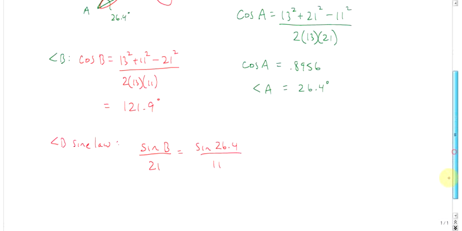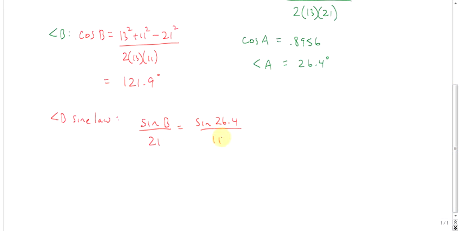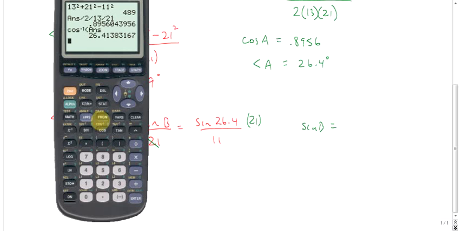How do I solve for that? Let's get rid of 21. You can think cross multiply, but all I've got to do is times 21 to both sides, and it's gone. Okay, so the sine of B is, what is sine 26.4 times 21 divided by 11?